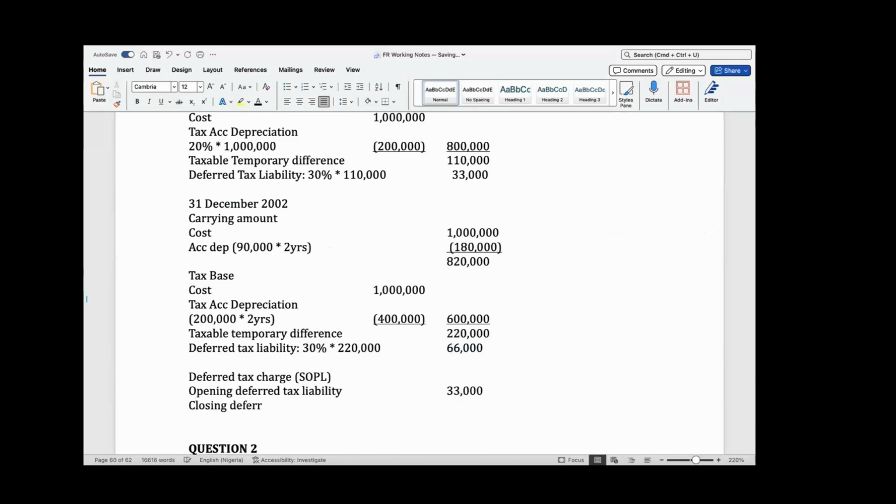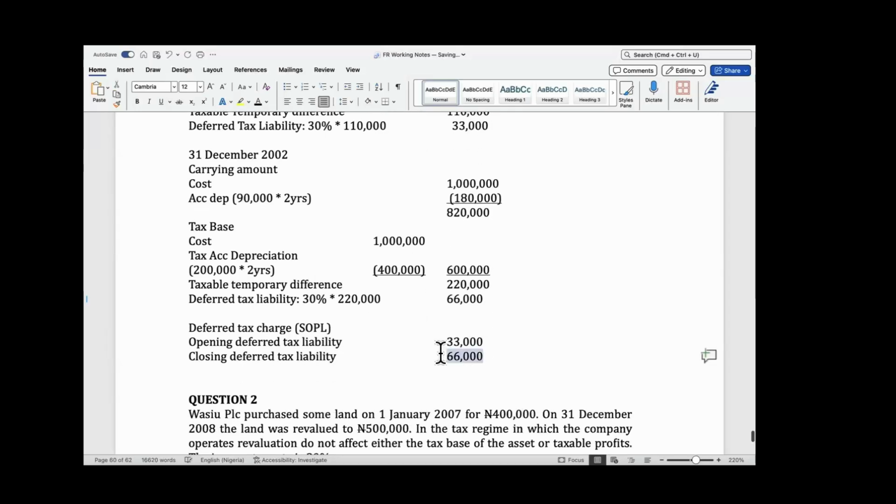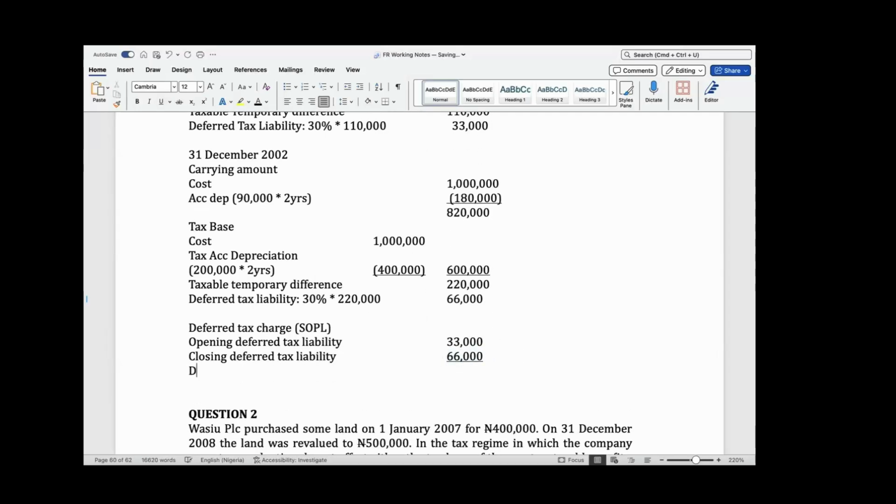Compare it with the closing deferred tax liability, which is 66,000. There is an increase in deferred tax. That increase in deferred tax will give us deferred tax expense. If it's a decrease, that will be deferred tax income. So this is what goes to SOPL.